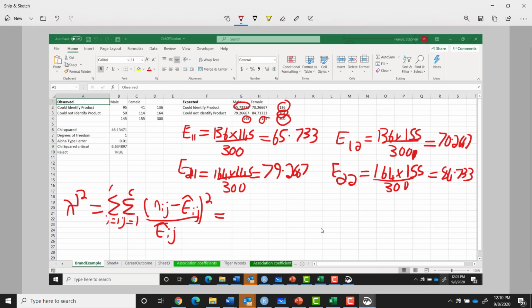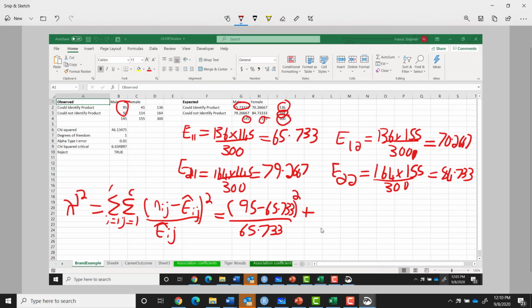So let's have a look. The first one, I observe 95 minus 65.733 squared, all over 65.733.